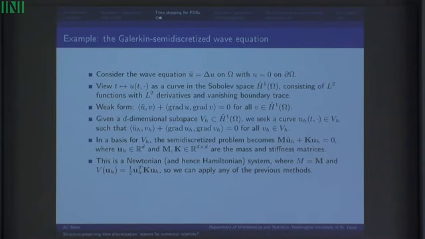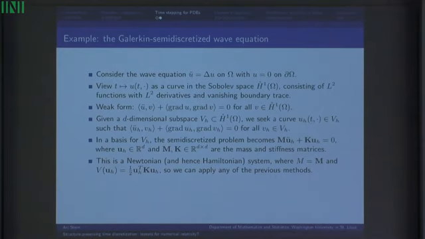And here the mass matrix is precisely the mass matrix for this method. And the potential energy I can write as this quadratic form, basically treating the stiffness matrix as a quadratic form here. All right, so once I've written the system like this, I can apply any of the previous methods.